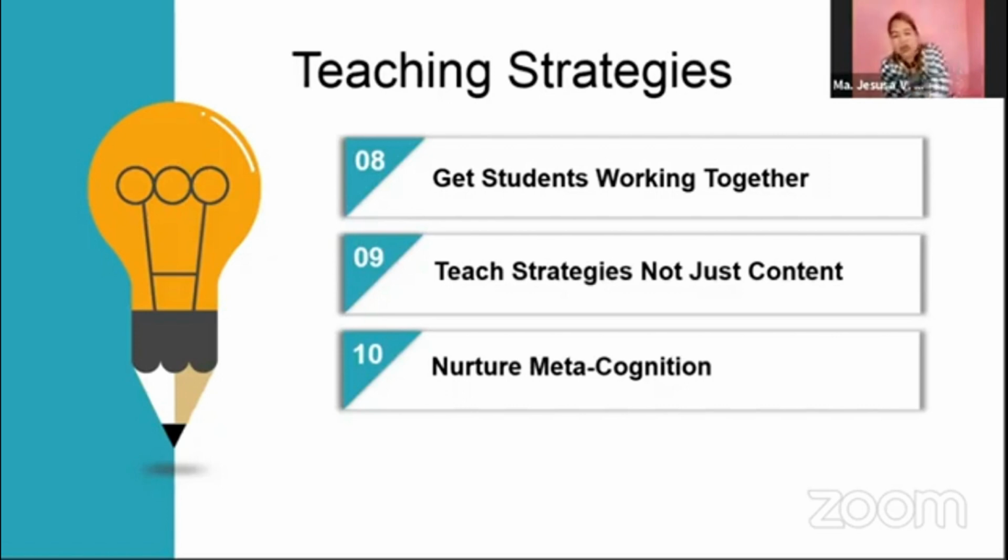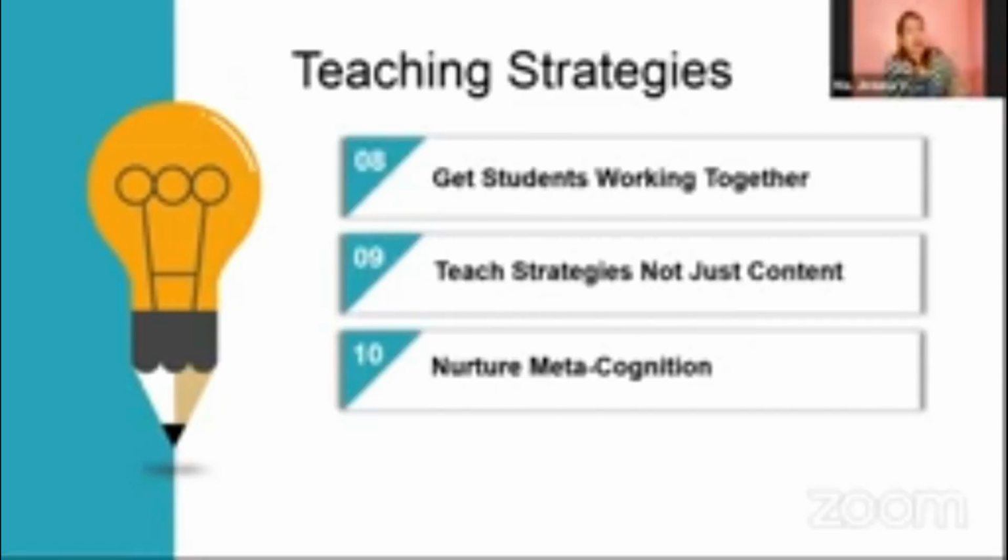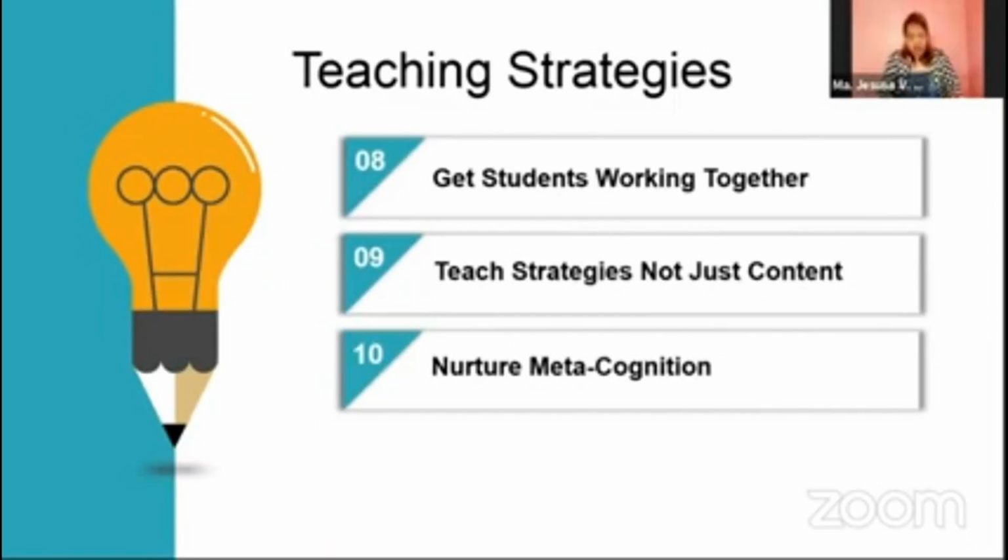For example, in terms of reading a selection, one can assess herself or himself in terms of metacognition. Do I understand the story that I have read? What if, for example, I do not understand the lesson? So that is an example of nurturing metacognition. So you need to be ready for that. Not only teachers, but also the learners. Next slide, please, ma'am.